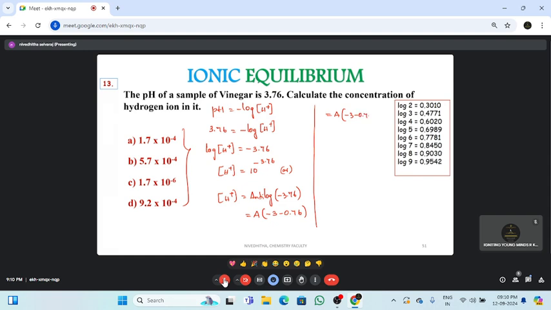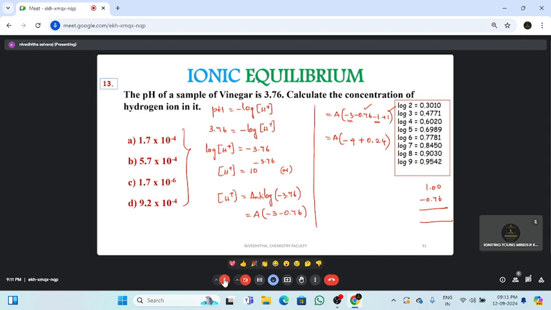You add minus 1 and plus 1 and simplify the minus 0.76 with plus 1. So minus 3 and minus 1 will be minus 4. Plus 1 and minus 0.76, subtract those values and tell me. 1 minus 0.76 will be plus 0.24, right?